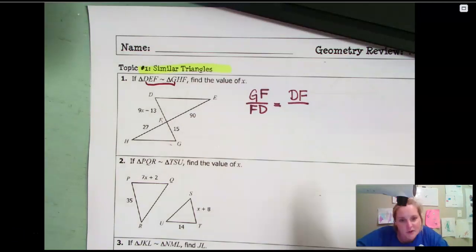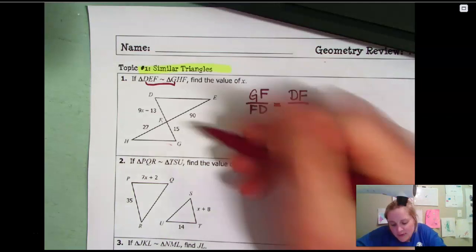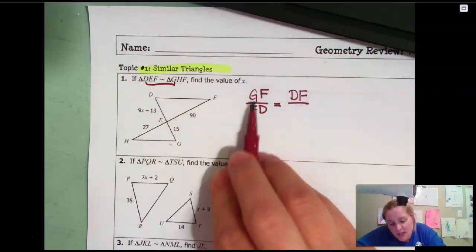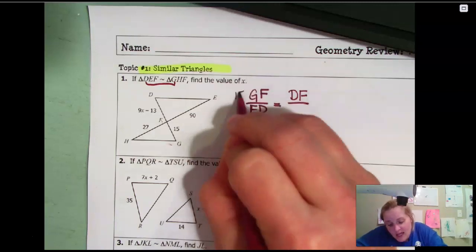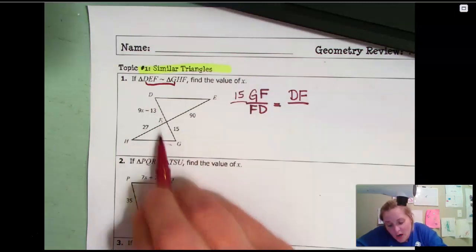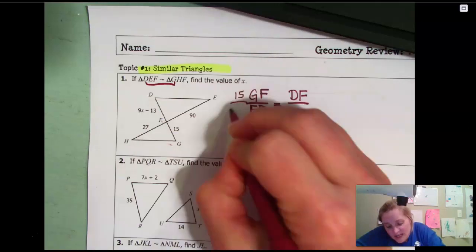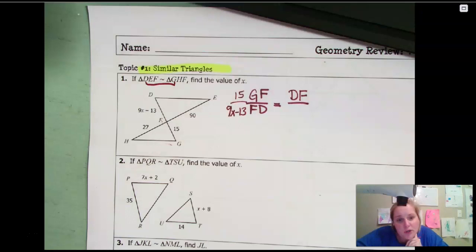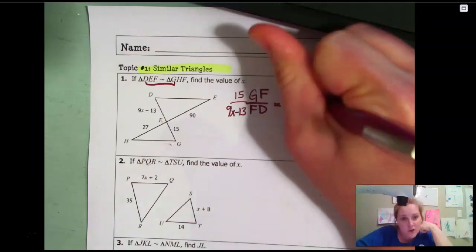I was confusing myself. This 15 is a part of this triangle here, so that's our GF. So that would be 15, over this part of that triangle, which is 9x minus 13. And again, with these proportions, you can pretty much set them up however you want to.